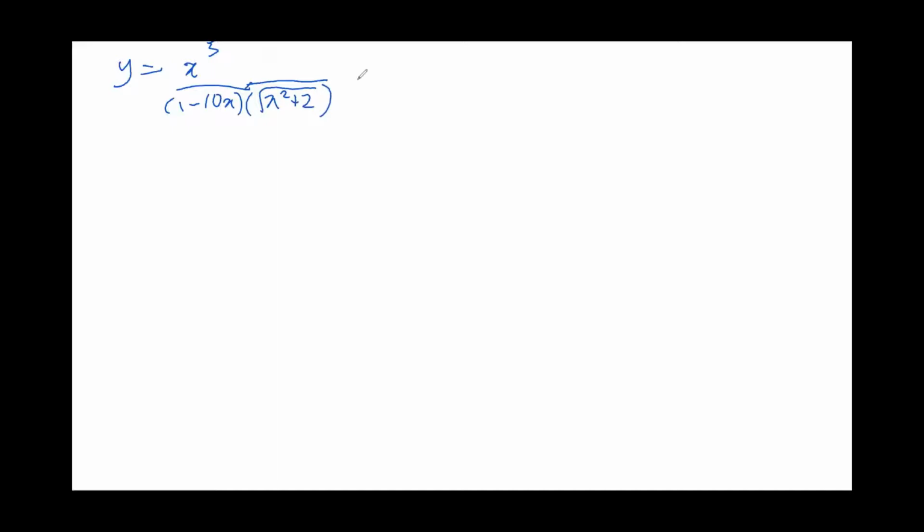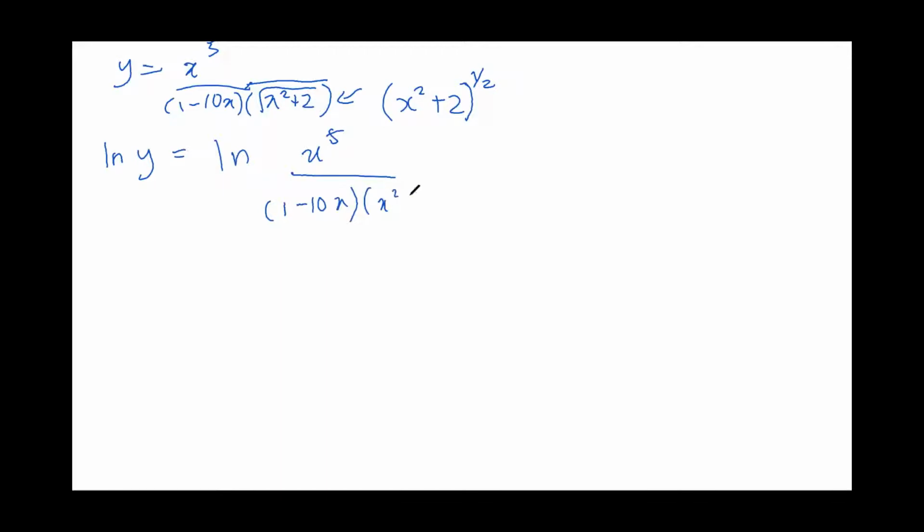At this moment, students should understand that this is also equal to the power of half, so this is easier for you to play with the numbers. The easiest way to answer this type of question is by putting ln on both sides. So here you add ln, and this side you also add ln, of x to the power of 5 divided by 1 minus 10x times x squared plus 2 to the power of half.